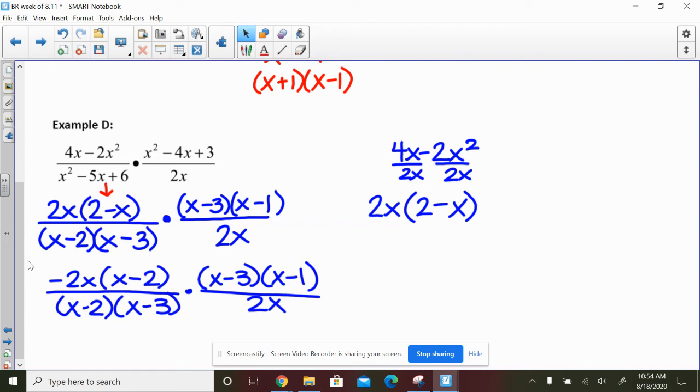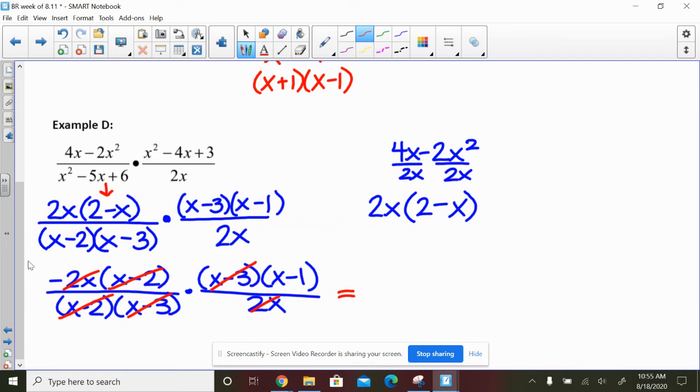Thank you. All right, and then I'm going to start canceling. So this 2x can cancel with the 2x here on the bottom. This x minus 2 can cancel with that one, and this x minus 3 can cancel with that one. When I cancel all the stuff, I'm just going to bring over what's left.